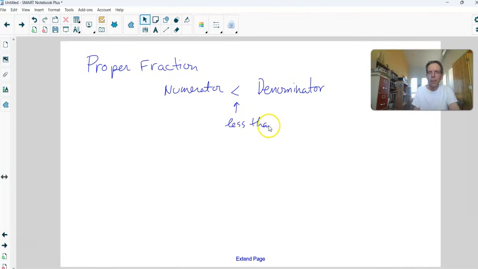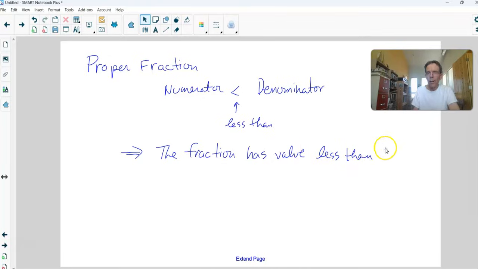The smaller end of that little symbol is toward the numerator, and the bigger end is toward the denominator. So the numerator is less than the denominator. This means that the fraction has a value of less than 1.